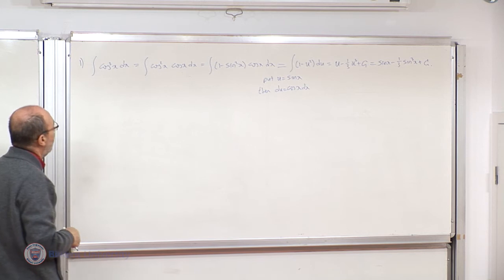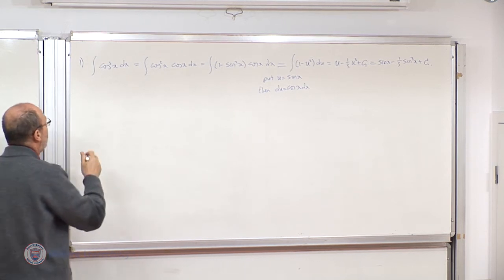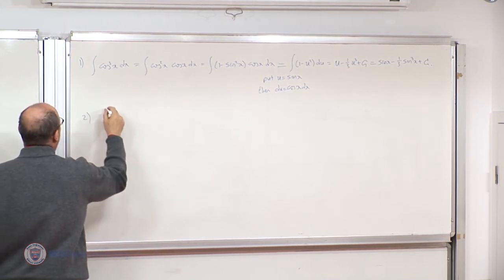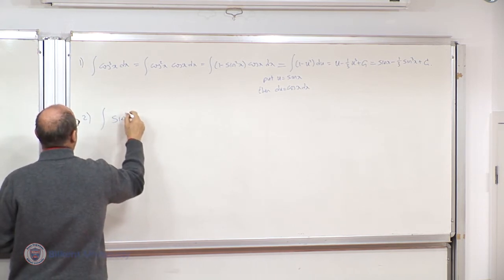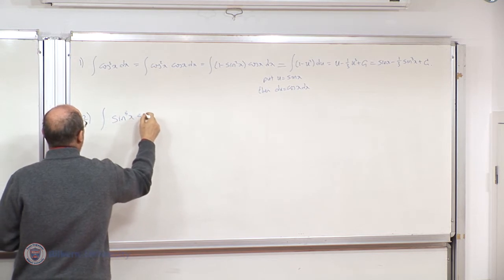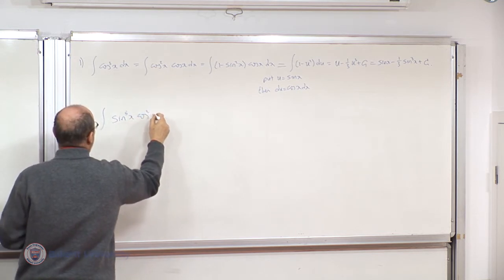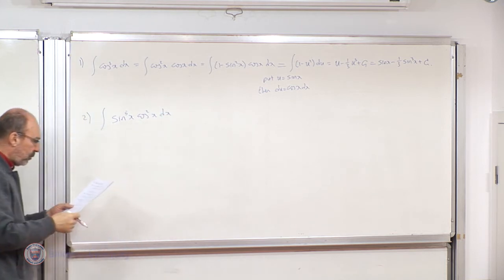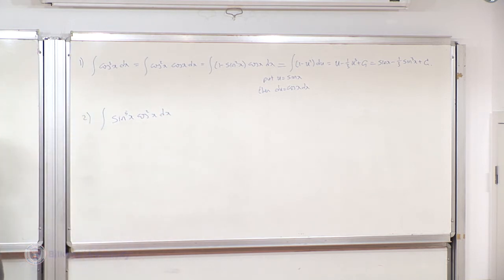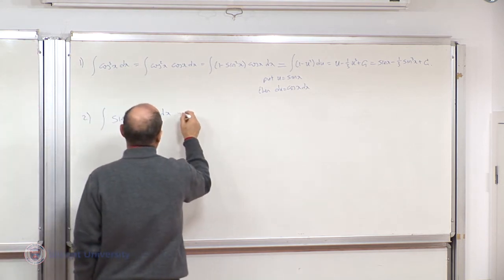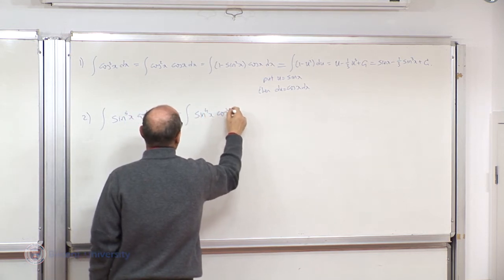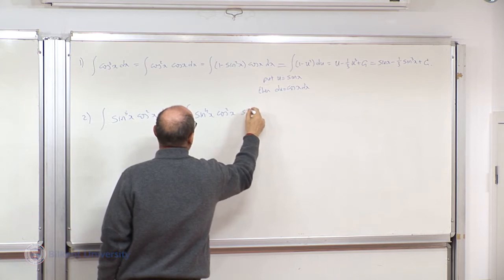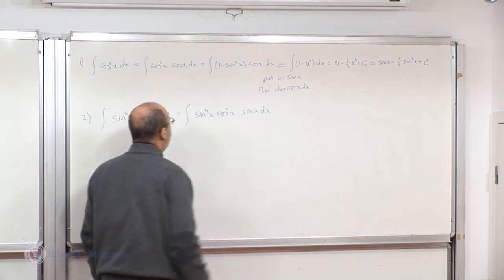So let's take another example where one of the powers is odd. The integral of sine to the power 5 x cosine square x dx. Okay, here we have an odd power, so we take one out. We have sine to the power 4 x cosine square x, and I have sine x dx.